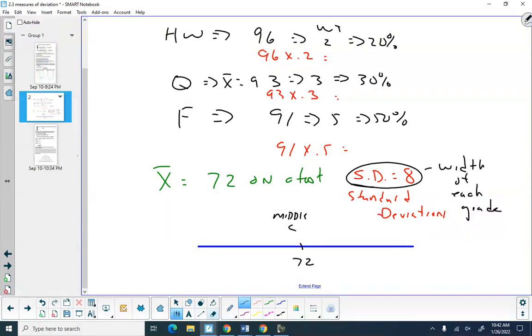So the C's have a width of 8, which means if I go 4 up and 4 down, that would give me 76 and a 68.